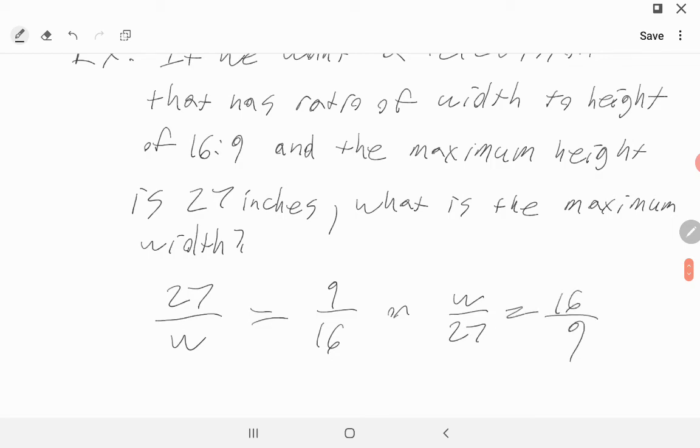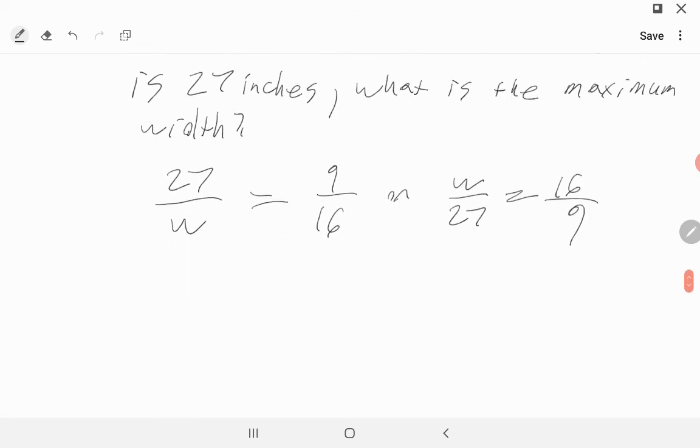If we flip both ratios, it's the same proportion, but we have to make sure we flip both. If we cross multiply in either case, we get 27 times 16 equals 9 times W, or W times 9 equals 27 times 16.